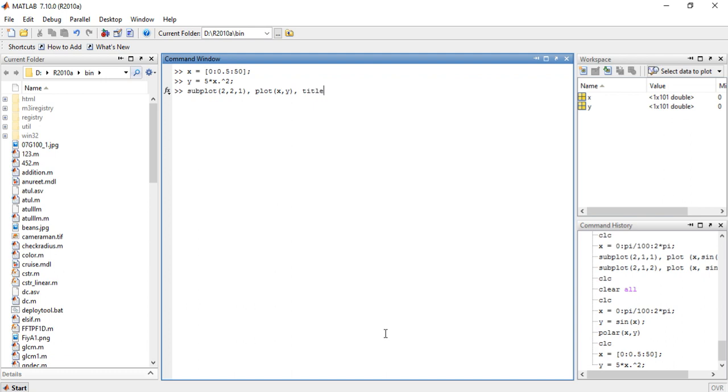Going to give the title as polynomial linear / linear, and y label as y, and we are using the grid in our figure window.